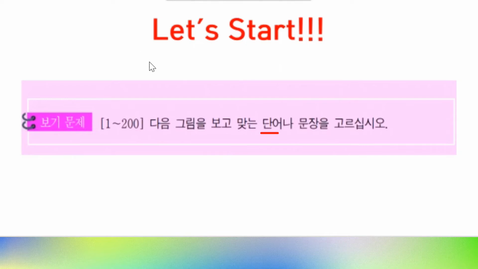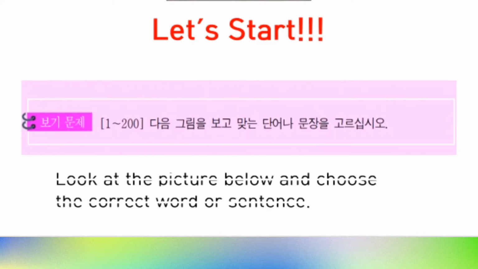Pag nilagay na dito or ina, it means or. 문장 is sentence. So, correct word or sentence, anong gagawin mo? 고르십시오. You are going to choose. Okay? 고르다 means select or you choose. So, in English, look at the picture below and choose the correct word or sentence.